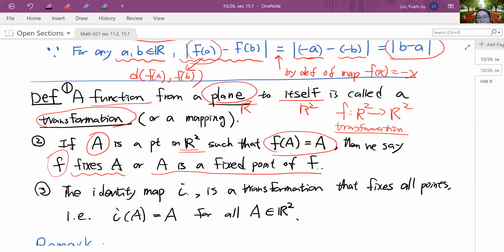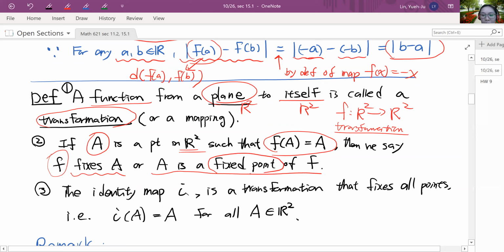In general, if you have a map from R2 to R2, it's not always the case that you plug in a value and it comes out as itself. The input and output may not be the same point. If it is the case, then we say it's a fixed point. Later on, we are going to use this terminology a lot.